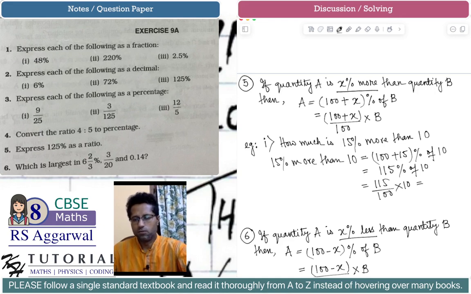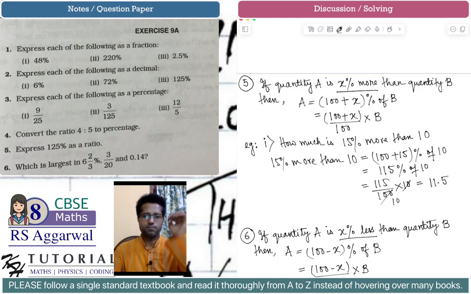So this is equal to, 10 cancels 100, and we have 11.5. So the amount 15% more than 10 is 11.5.